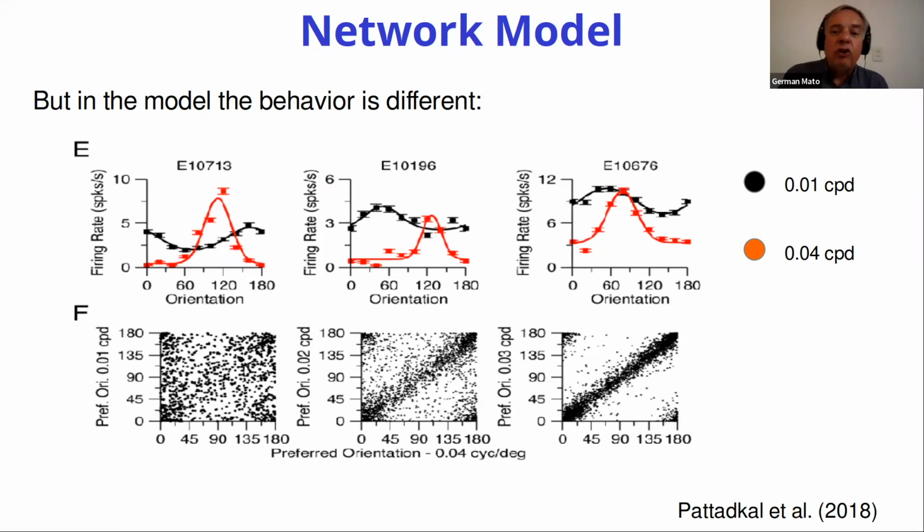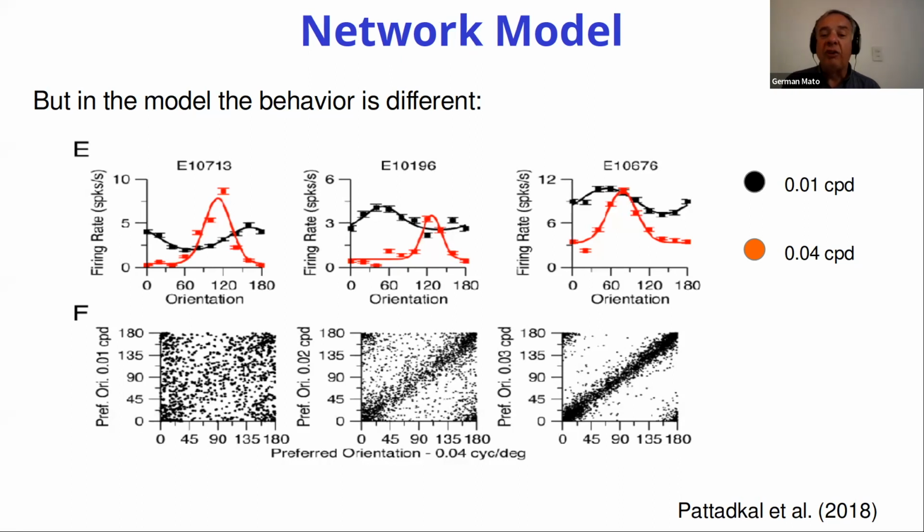And these are not specific samples. We can plot for all the neurons in the network that have significant selectivity. Each point is one neuron, right? On the horizontal axis is the preferred orientation with a stimulus frequency of 0.04, and on the y-axis, the preferred orientation with another stimulus frequency.